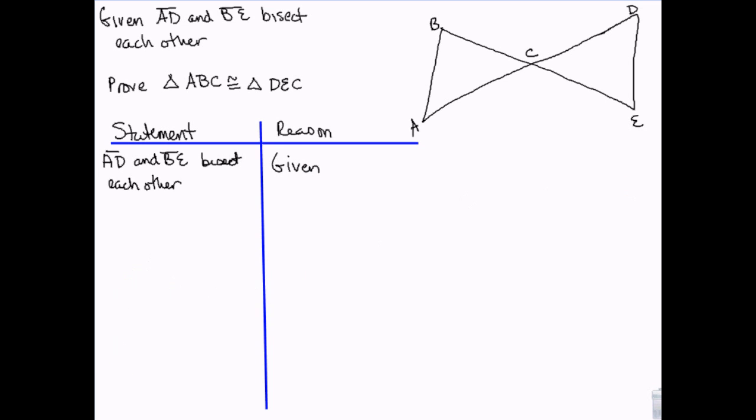So if these are cutting in half, that means this side is the same as this side, and this side is the same as that side. That's what bisecting means. So now I can say that AC is congruent to CD, and BC is congruent to CE, because that's the definition of bisect. Does that make sense?